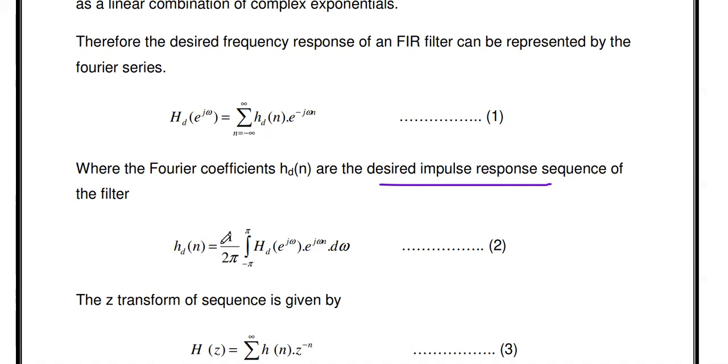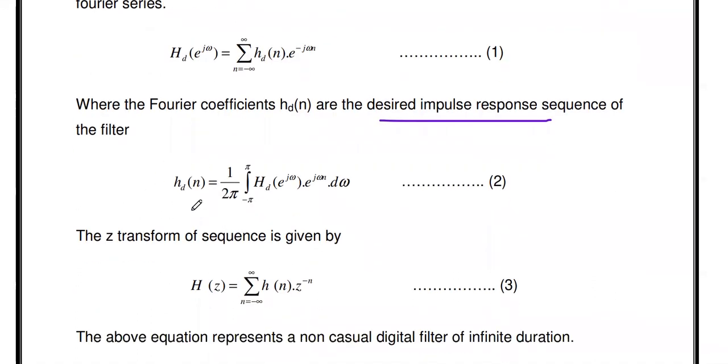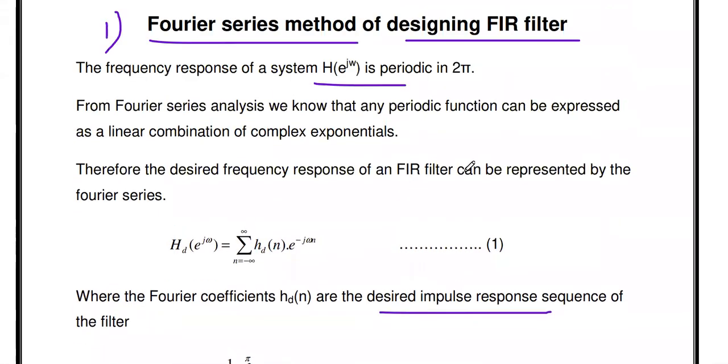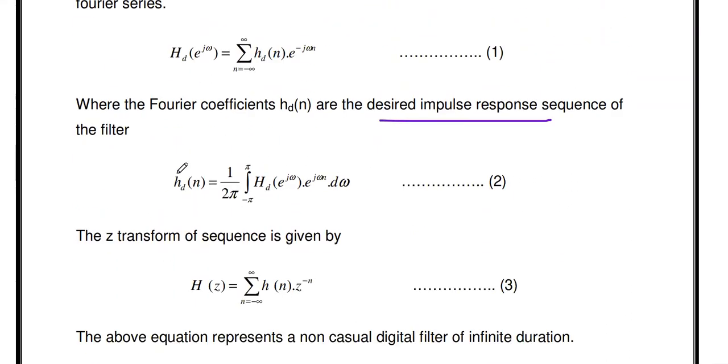The second step: this desired impulse response has infinite duration, n equal to minus infinity to infinity. But here we have to design FIR, and finite means the impulse response has finite length. In the problem itself, they will mention capital N equal to 11, 7, or 9.